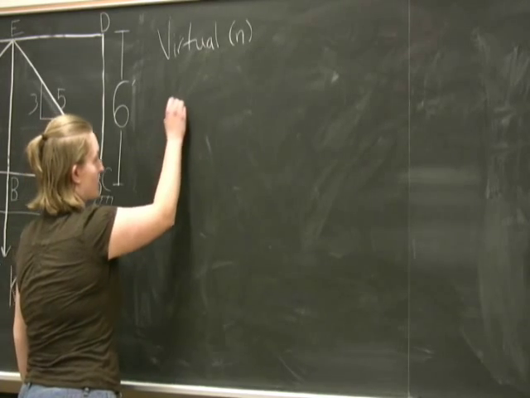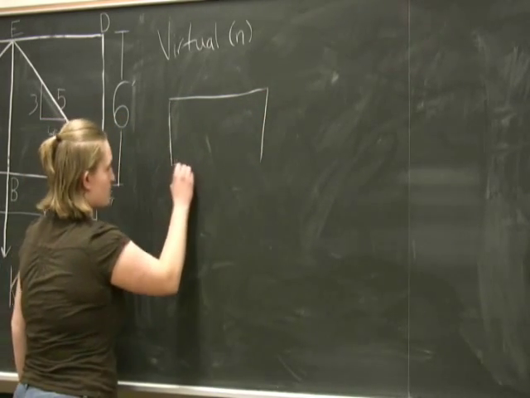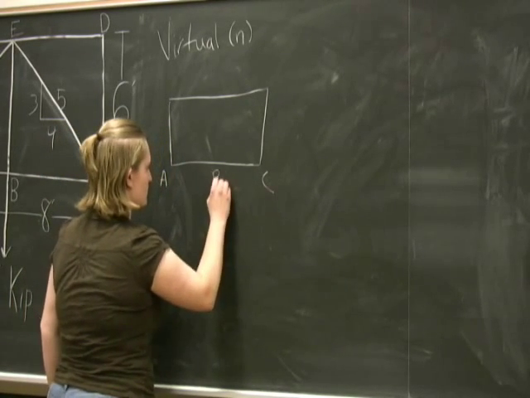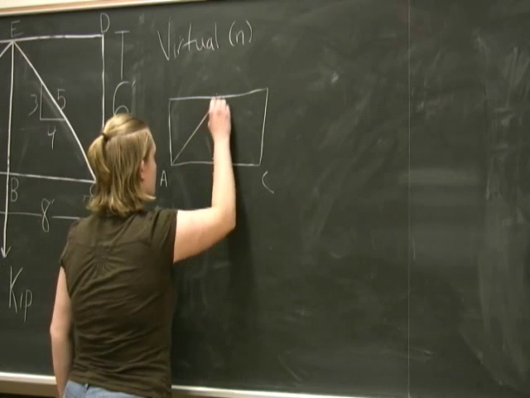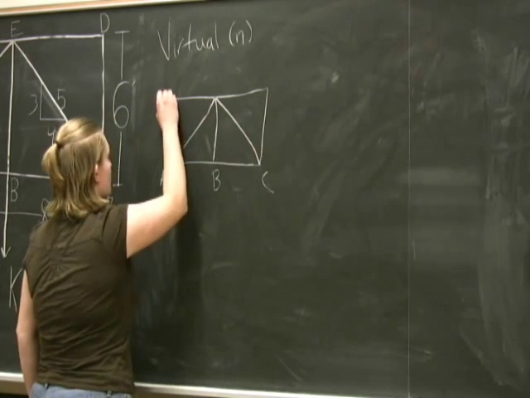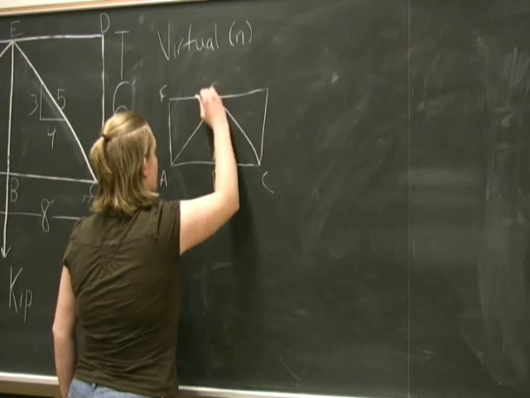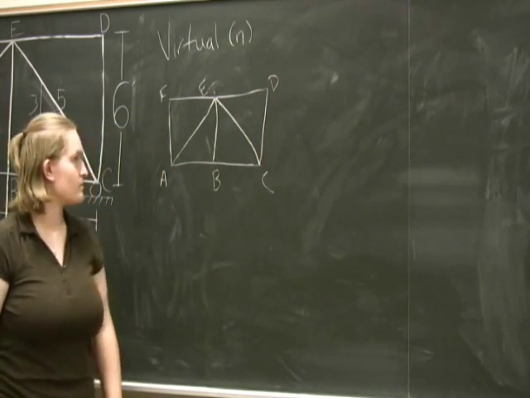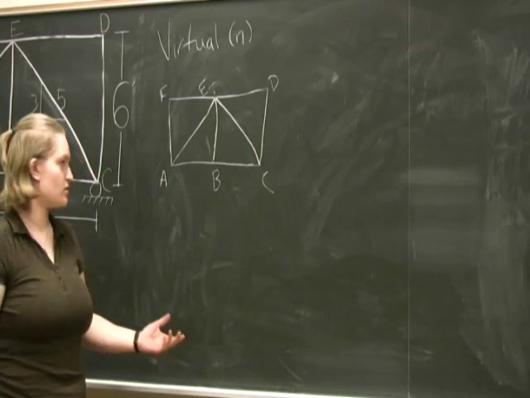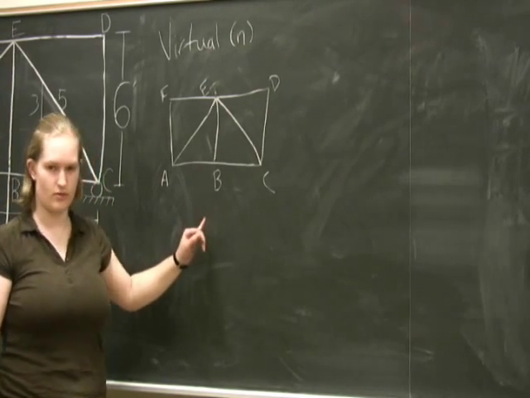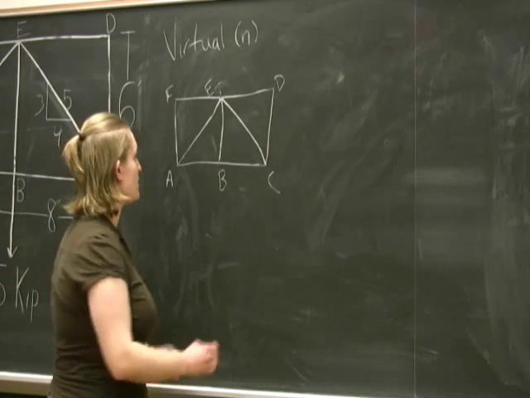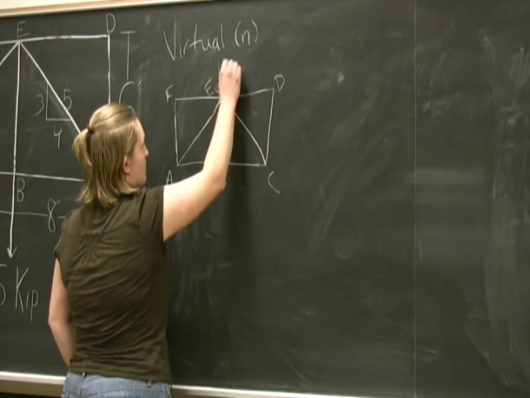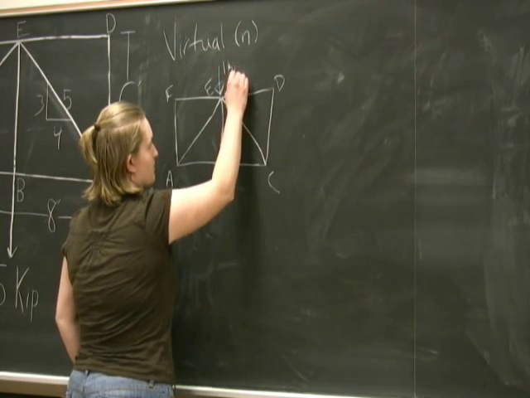I'm going to draw a new free body diagram of the truss A, C, B. However, to do the virtual forces, you do not include the real force that was at B, 5 kips. Instead, you add a virtual force at E of value 1 kip.